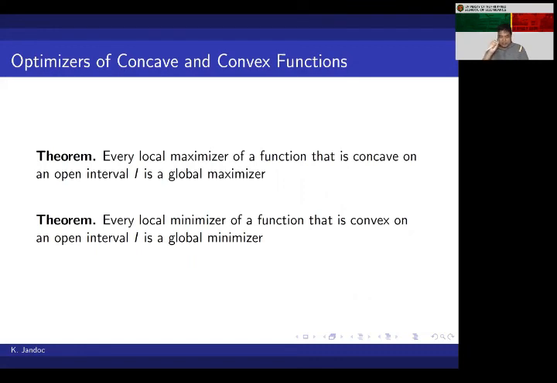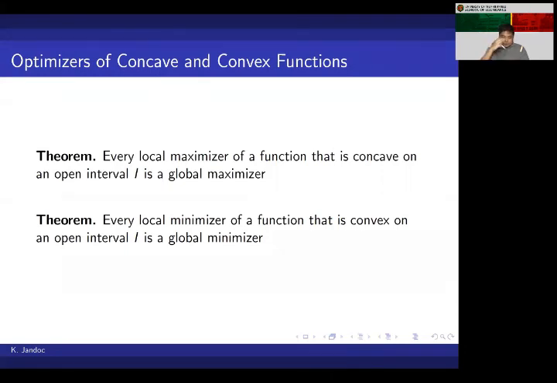Okay, so the local maximizer or minimizer is also a global maximizer or minimizer. So just to reiterate, these are two theorems. Every local maximizer of a function that is concave on an open interval I is a global maximizer. Every local minimizer of a function that is convex on an open interval I is a global minimizer.